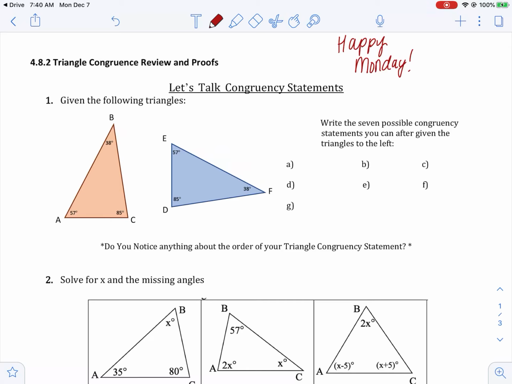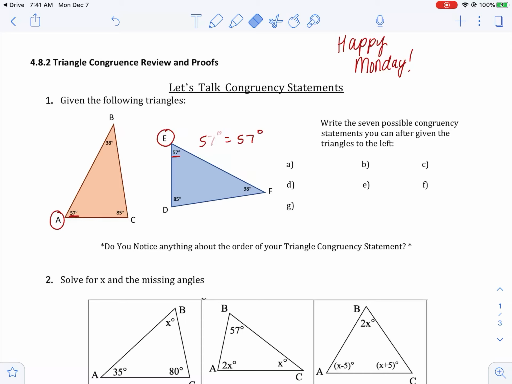It says, given the following triangles, we're going to write the 7 possible congruency statements that we could write based off the information that we're given with these triangles to the left. The first thing that I see is that angle A is 57 degrees, and so is angle E. Well, 57 degrees is equal to 57 degrees.